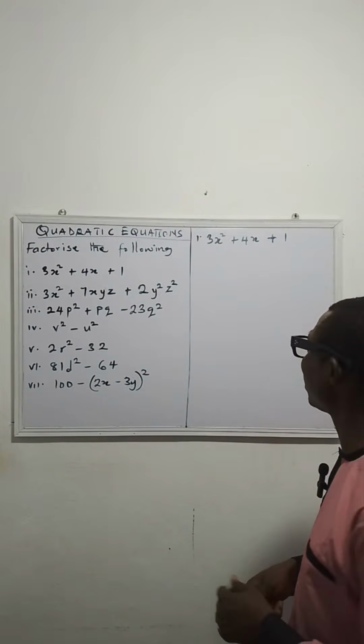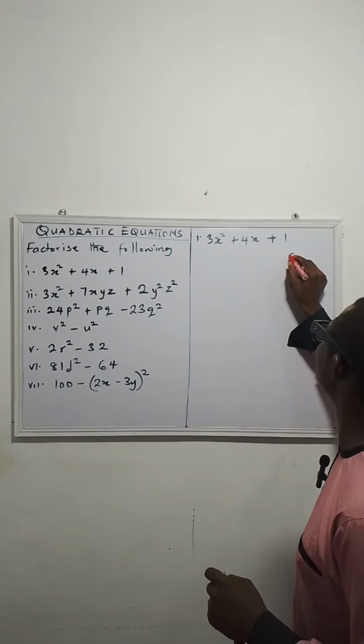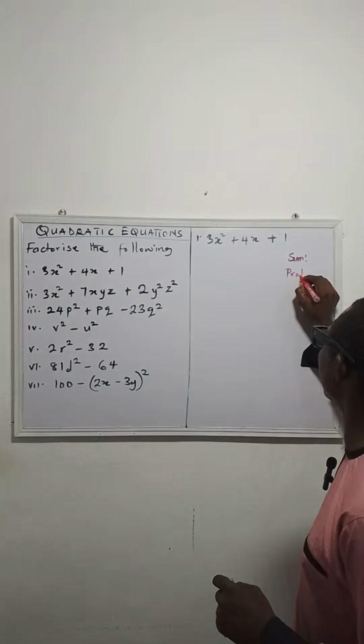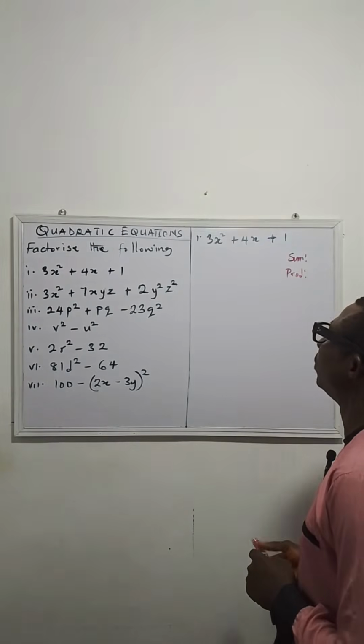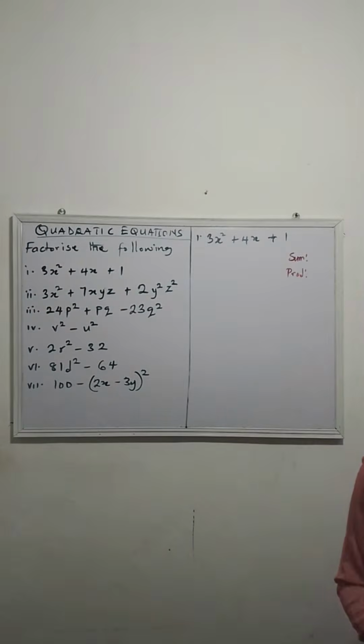That is the first thing we need to identify. I want you to type in the comment section and tell me what the sum and the product of this quadratic expression are. Let's see if we still remember what we did in the last class.